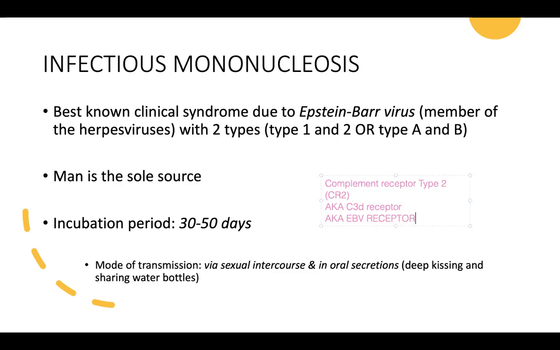Take note of this. And CD21 or cluster of differentiation 21. We won't dig too deep into this, just take note of this. Again, for now, just remember B cells.